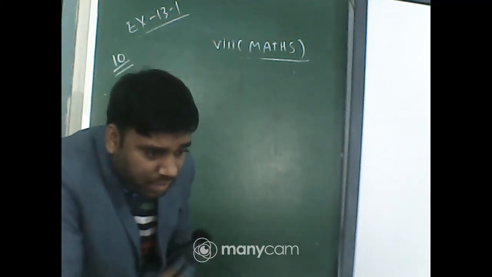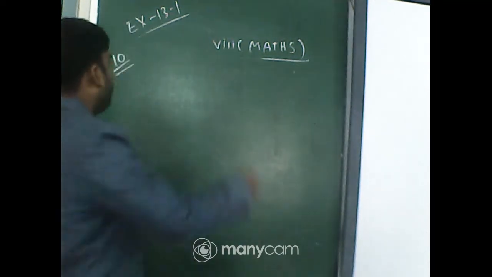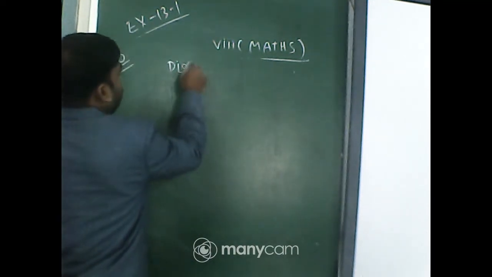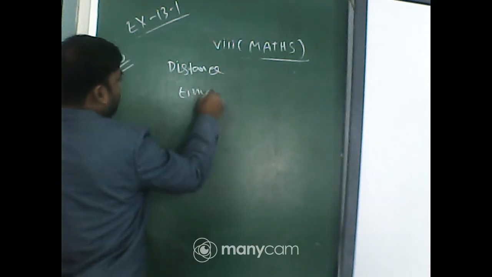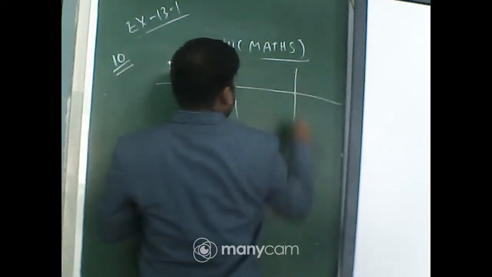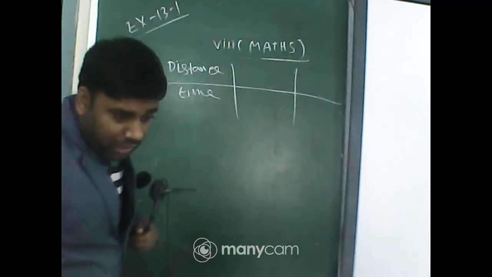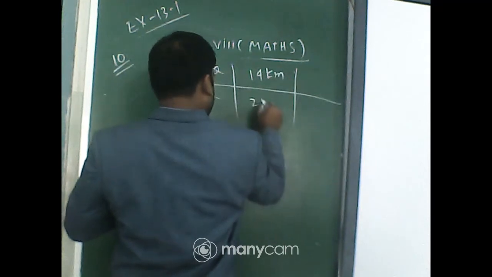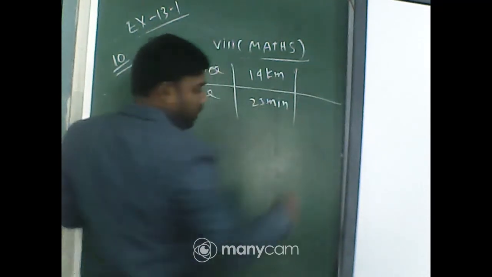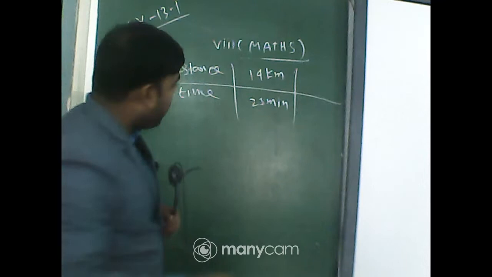Its speed remains the same. How far can it travel in 5 hours? Very easy, students. First make the table: distance and time. When it moves 14 kilometers in 25 minutes, how much will it cover in 5 hours?